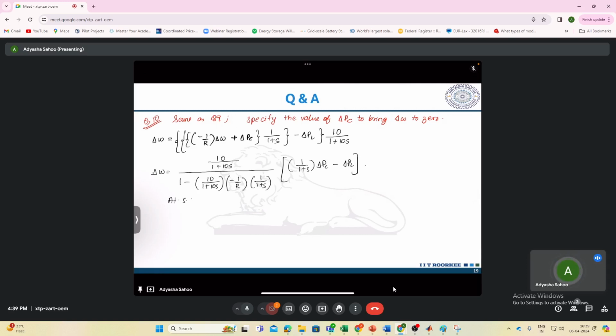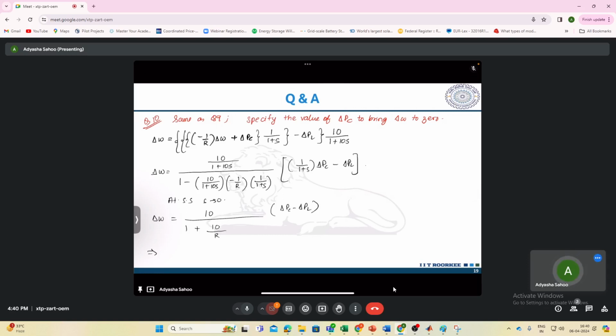So at steady state S tends to 0, so delta omega is 10 by 1 plus 10 by R, and here it is delta PC minus delta PL.